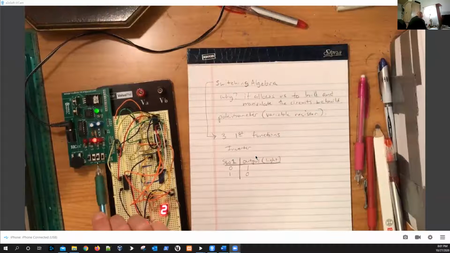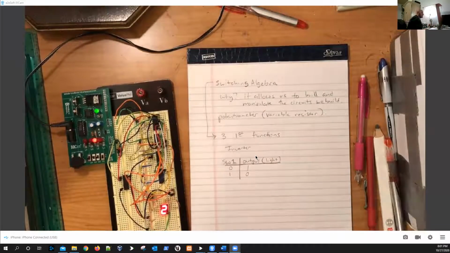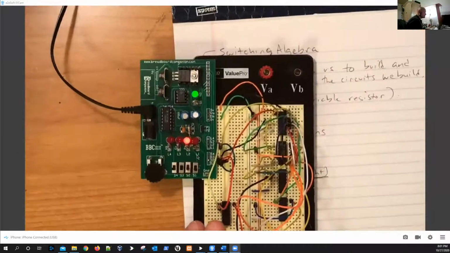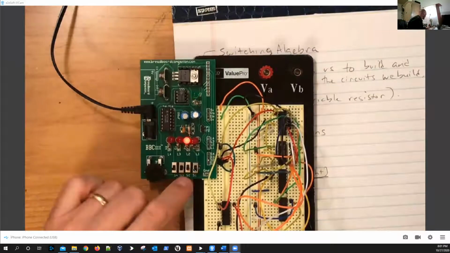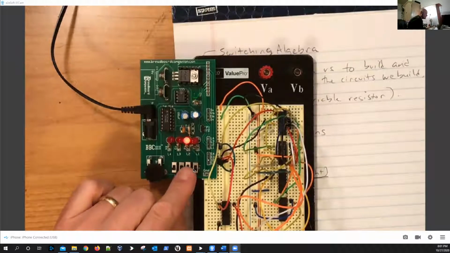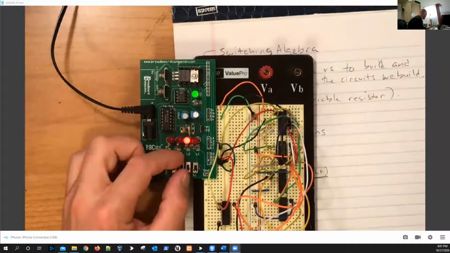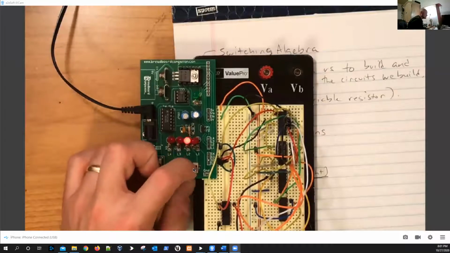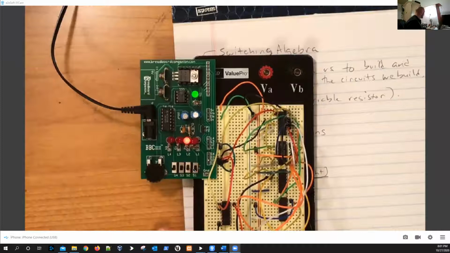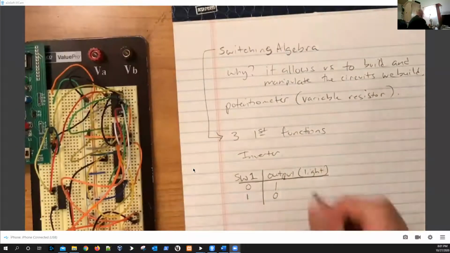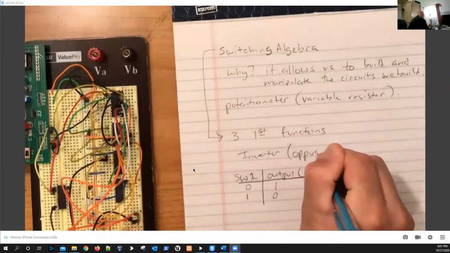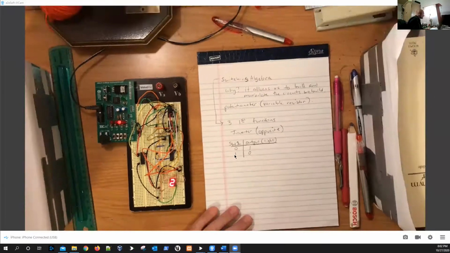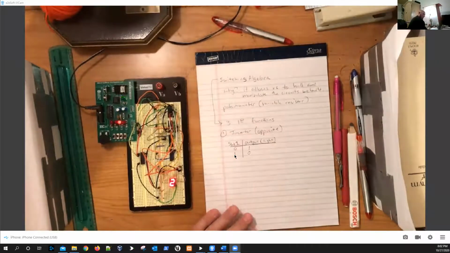So switch 2 is my input, light 2 is my output. Let's zoom in again here. You see switch 2 is down, so it's off, but the light is on, so it's the opposite. Now if I turn the switch on, the light goes off. So that's one basic function.